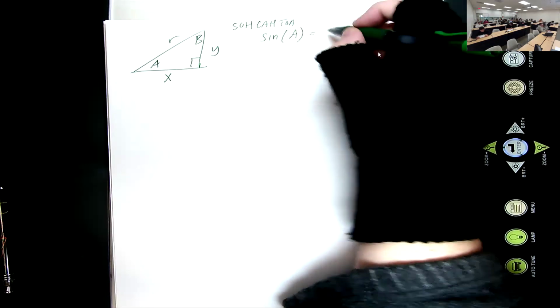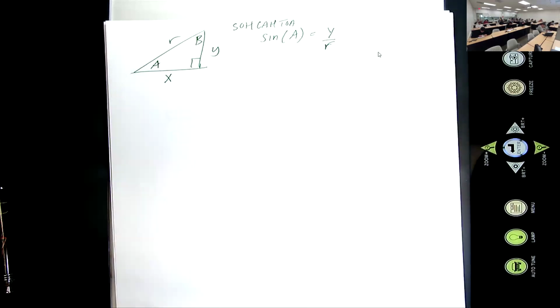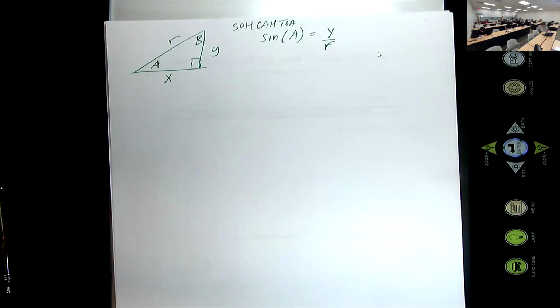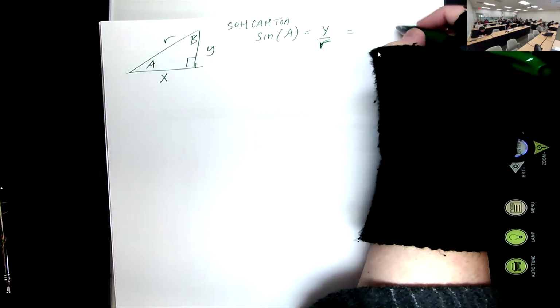Opposite over hypotenuse, Y over R. What trig function is Y over R for angle B?